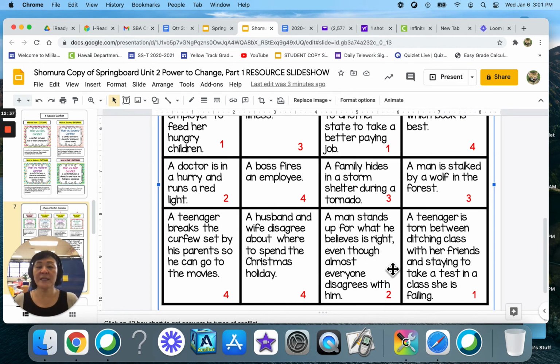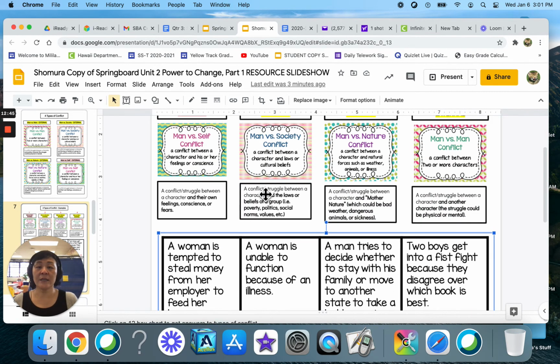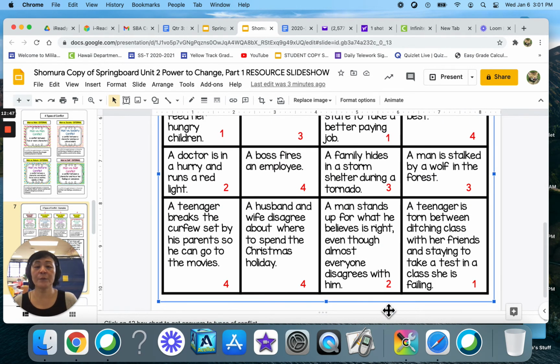5, a man stands up for what he believes is right, even though almost everyone disagrees with him. So this is a lot of people. So it's man versus society. Okay, number 2. And then the last one, a teenager is torn between ditching class with her friends and staying to take a test in a class she is failing. That is man versus self.